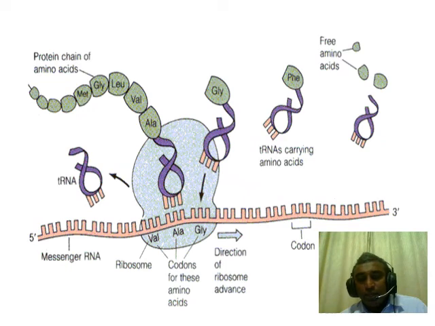So here is given a bit of the function of the three RNAs, mRNA, rRNA, as well as tRNA, which are used to generate the polypeptide.